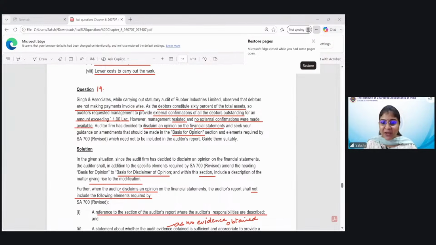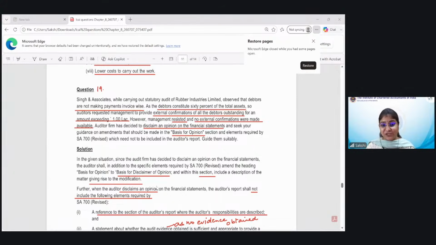However, management resisted and no external confirmation was made available. The audit firm has decided to disclaim an opinion on the financial statement and seeks your guidance on amendments that should be made in the basis for opinion paragraph, and elements required by SA 700 which need to be included in the auditor's report.